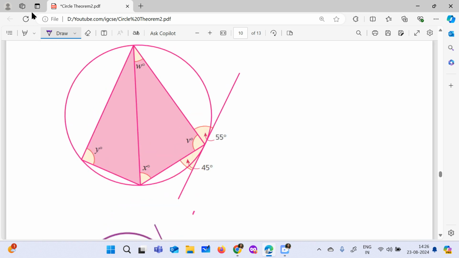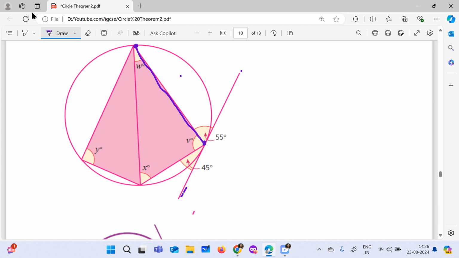So we have a circle here and you can see that there is a tangent like this, right? And now you have a chord like this. This chord is dividing the circle into two segments, one on this side and one on this side.